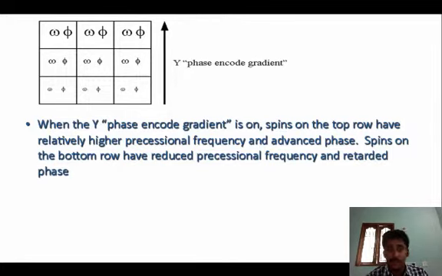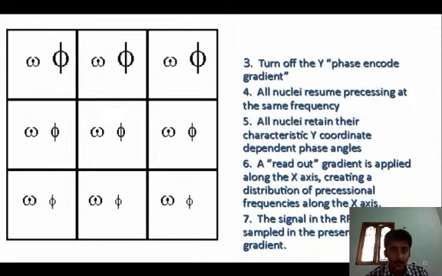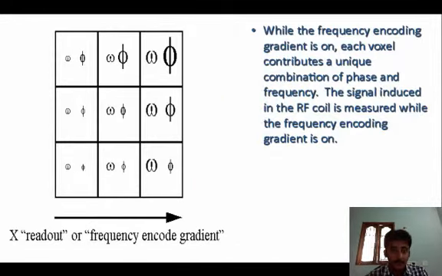Frequency depends on the strength of the magnetic field, which depends on the gradient point. This is the Y phase encode gradient. Similarly, this is the X gradient, in the direction of X. In the first column of this matrix, we have a low gradient, so a low magnetic field along X, and as we move along the direction of X, the magnetic field starts increasing, hence the phase as well as the frequency starts increasing.